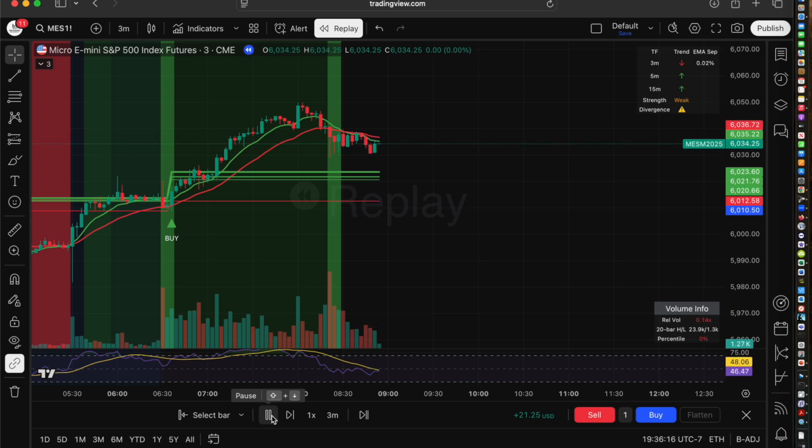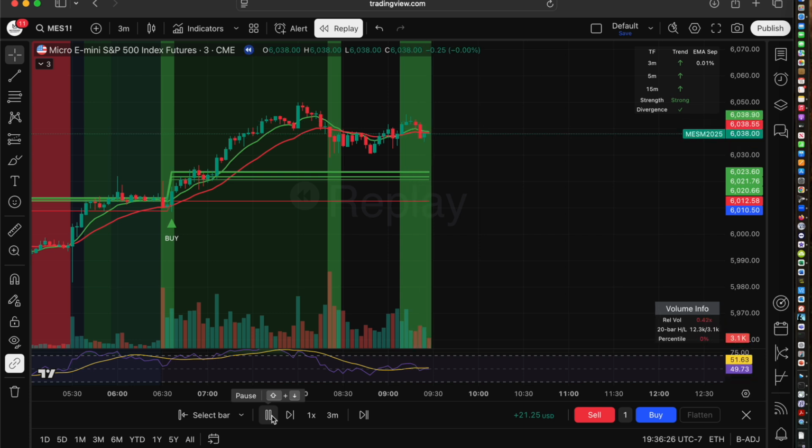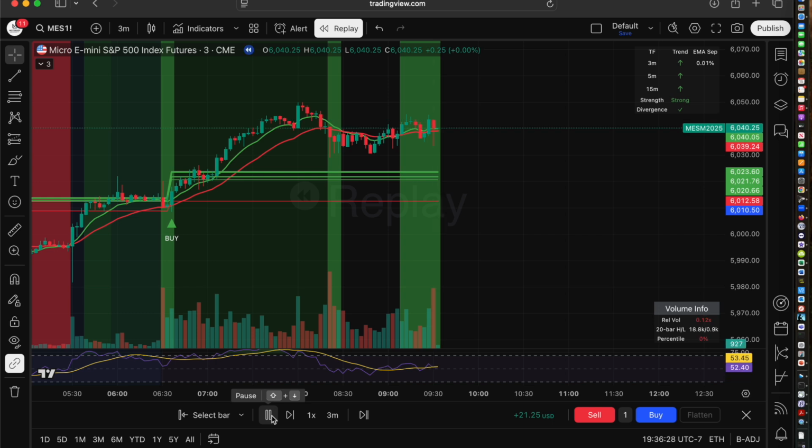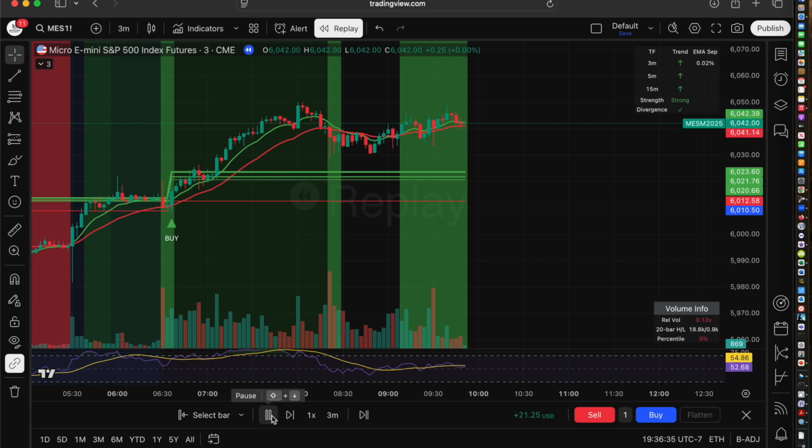So we're looking for the next buy or sell signal. By the way, this strategy uses EMA crossing across multiple time frames. And right now we're using 5 minute to confirm the 3 minute time frame.